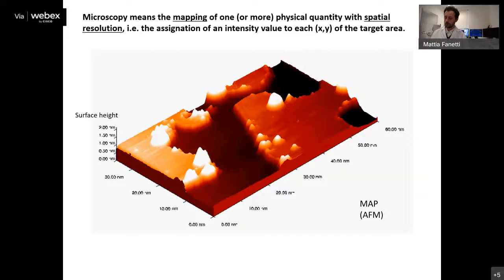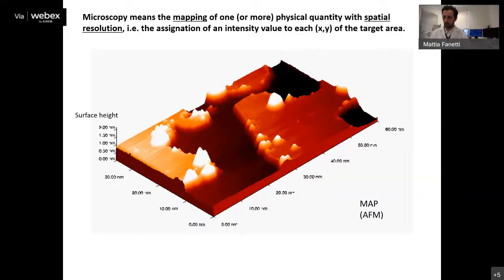So a map is a data set where I have an area, and the area is divided into a grid of points, and each point is defined by x and y coordinates, and in each point I assign the value of the physical quantity that I'm measuring.